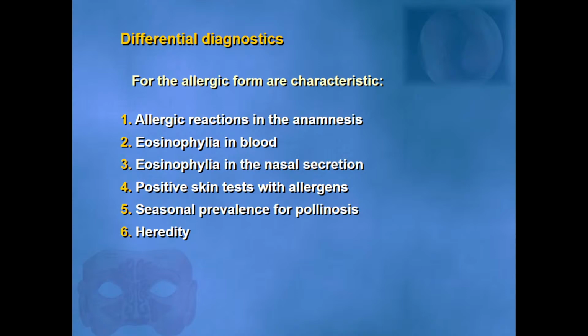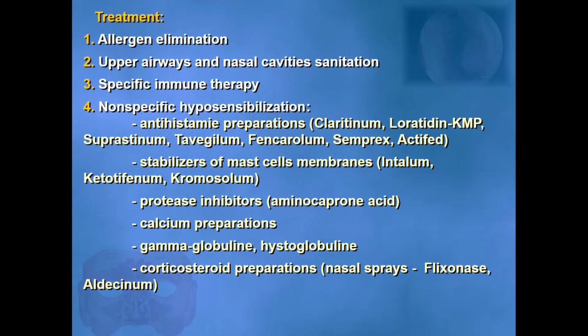It's a diagnostic manipulation. Such patients very clearly say that they have symptoms only in, for example, May or in August, if we are speaking about intermittent rhinitis. And very often in such patients, someone among close relatives also has some allergic problems.